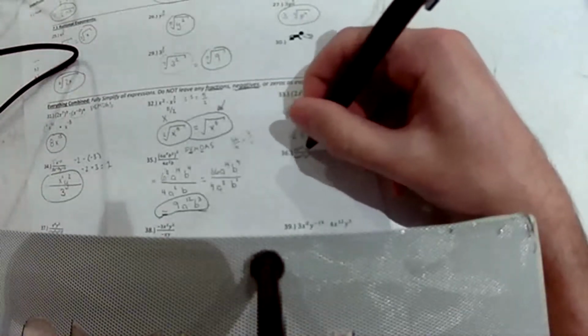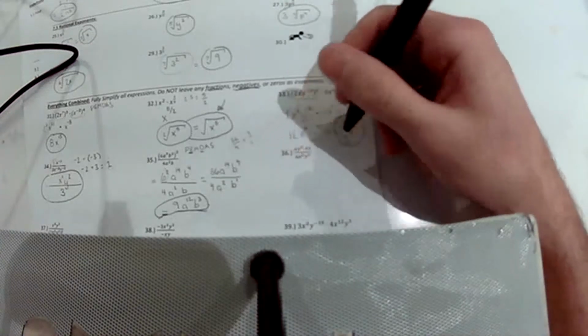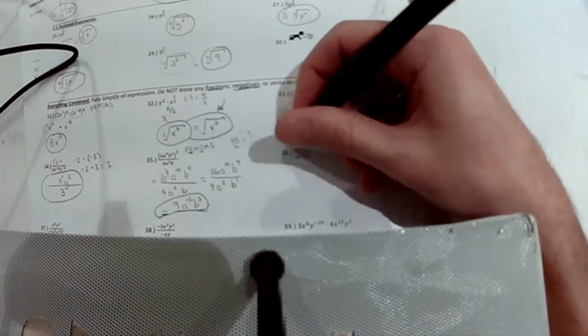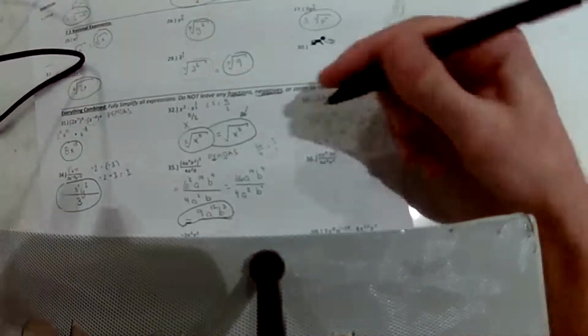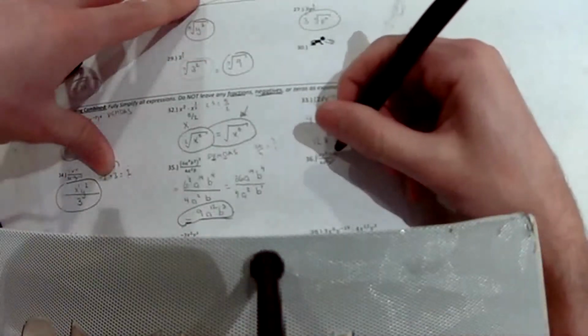Last one on this row. Looks like a combination of multiplication and division. So before I can divide this, I should simplify the top first, because technically there's an implied set of parentheses up here that's grouping that together. So I should do that first according to PEMDAS. Okay, so let's do it. I got x times 3x.